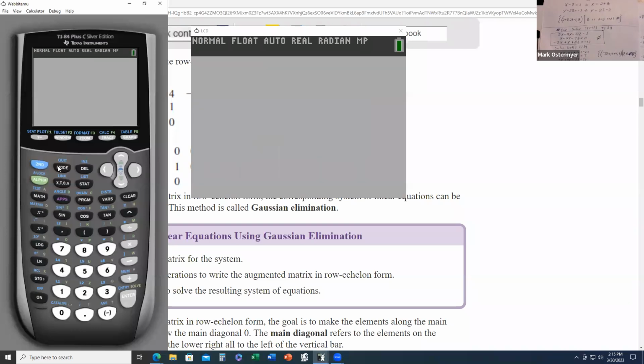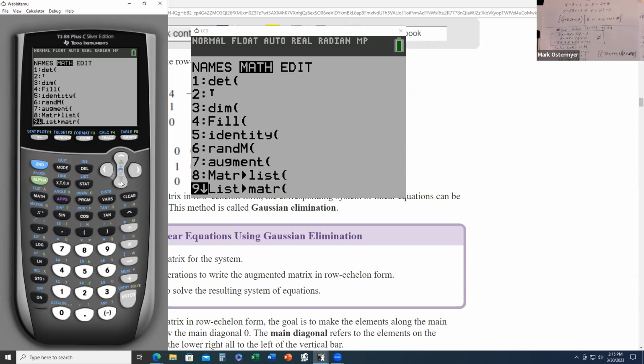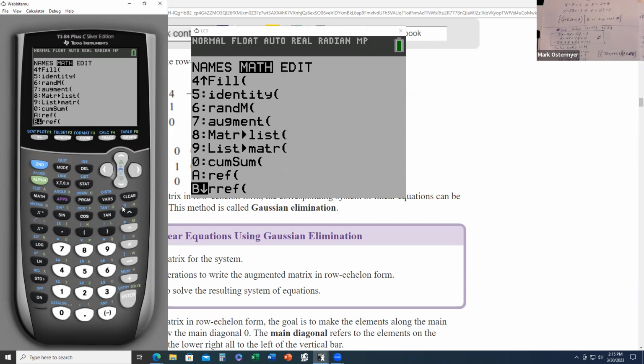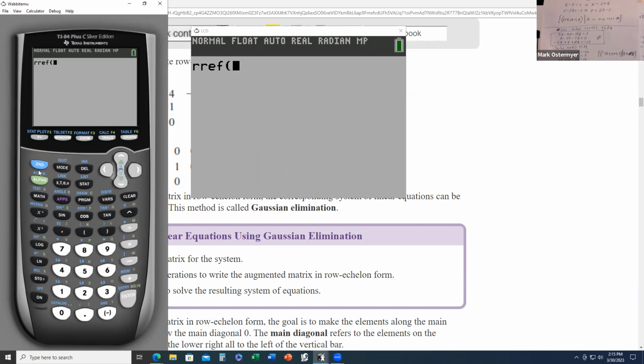Second mode to quit. Go back to matrix mode, math, RREF function. Back to matrix mode, matrix name A. Enter. Boom. There's your solution.